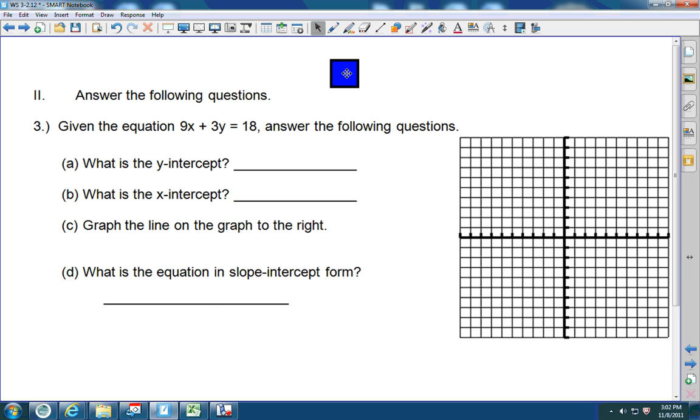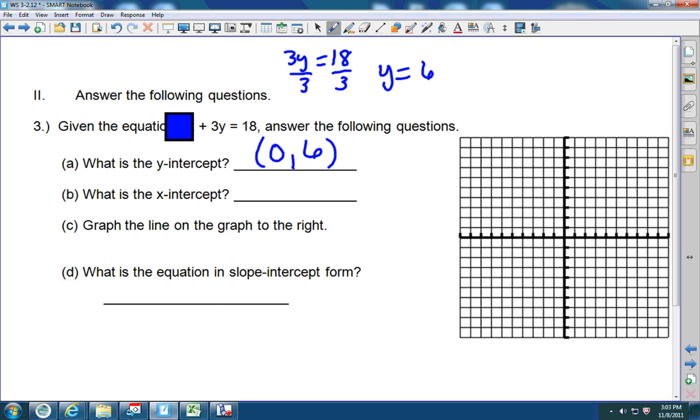Now, it says the y-intercept. I'm going to cover up the x. And I get 3y equals 18. I'm going to divide by 3. Y equals 6. So I get 0, 6.